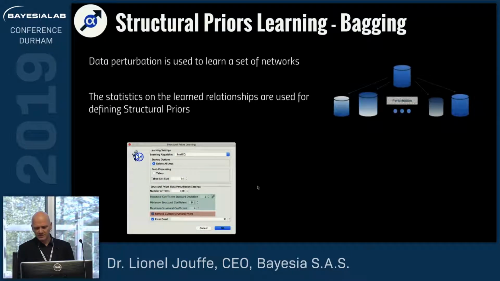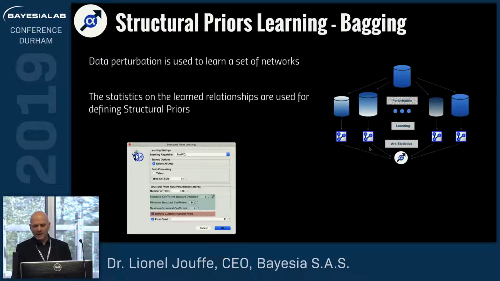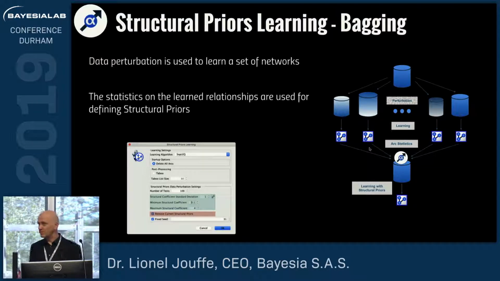And I have then the workflow, same thing, 100 data sets. I'm using my Sublake algorithm here for learning 100 Bayesian networks. And I'm using now these networks to compute statistics to build my structural prior. And these priors are going to be used for learning the final Bayesian network. Right? So we can this way estimate the prior of our links just by using this bagging approach.